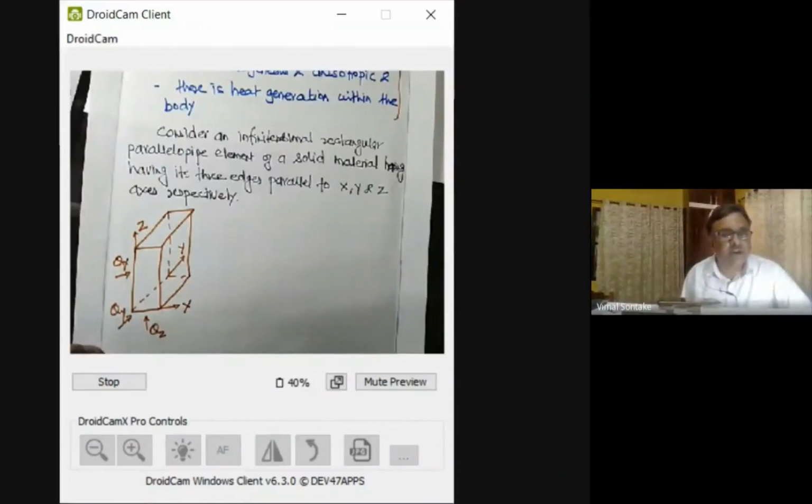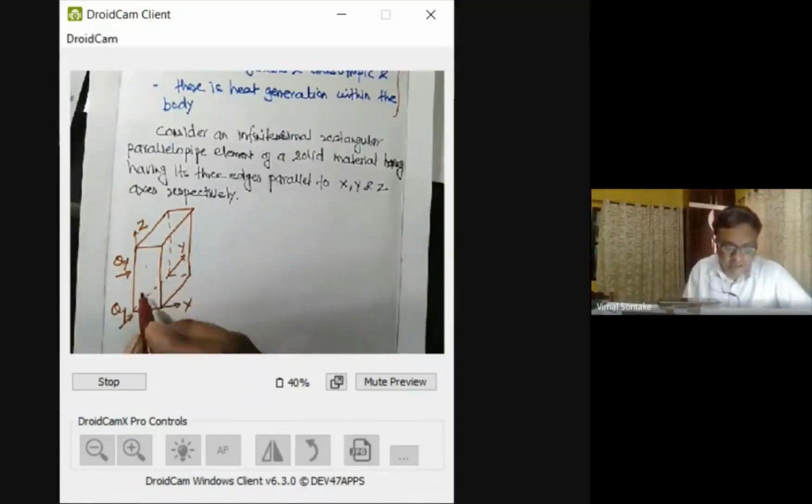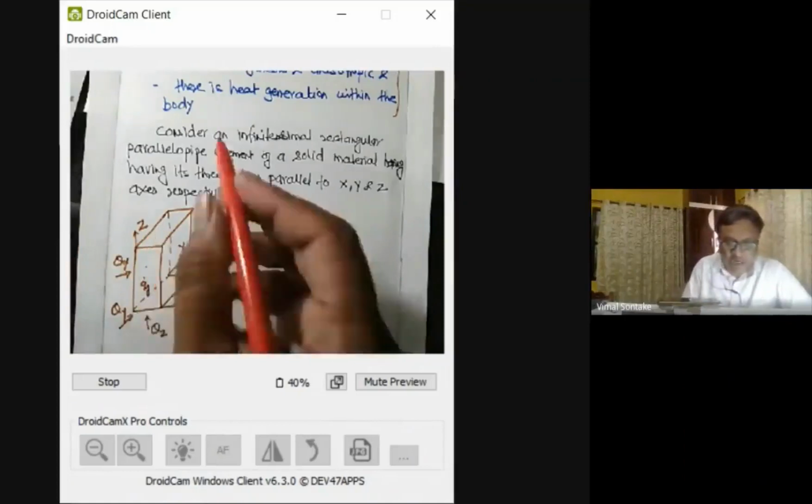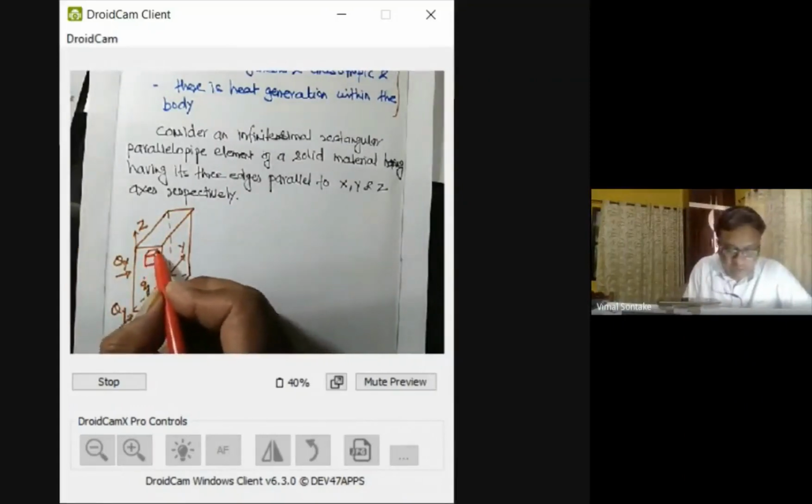The material of this solid body is non-homogeneous and anisotropic, so its thermal conductivity and other properties are varying in the x, y, and z directions. And also, there is a heat generated within this body. In order to analyze all these four conditions applicable here, let us consider an elemental volume in the form of parallelopiped.